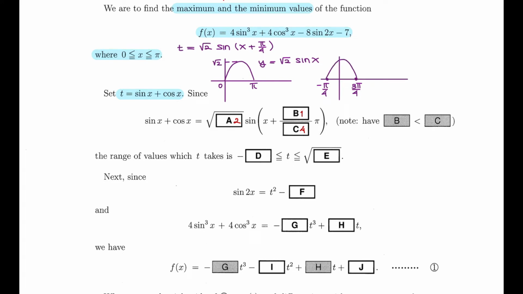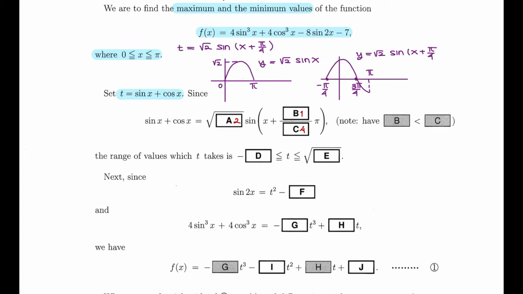But since the value of x can go from 0 until pi, the graph must be something like this. This is pi. Now this is the graph of y equals square root of 2 sine of x plus pi over 4.